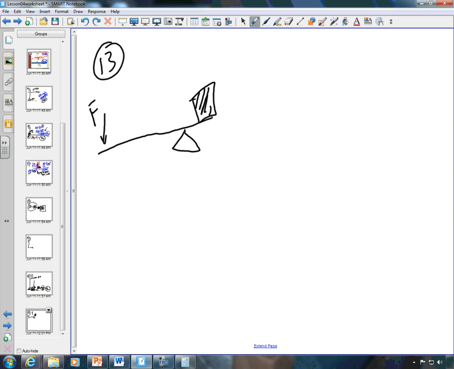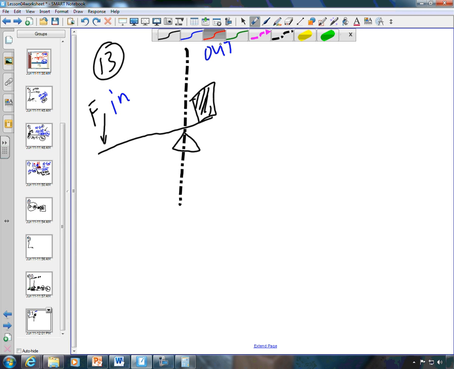and we actually can divide this up into two sections. We have the input section and the output section.